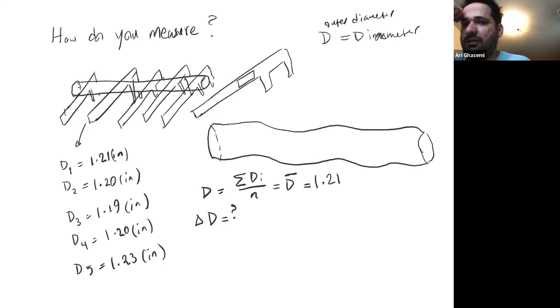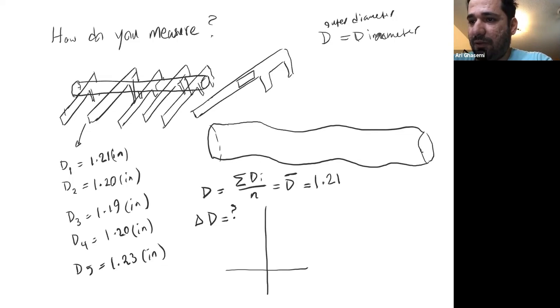We just say, if you graphically represent this data on an axis like this, so this is your tries. Let me bring this down a little bit. And that's your D, okay? And this is your average, which we already have. The average is 1.21.